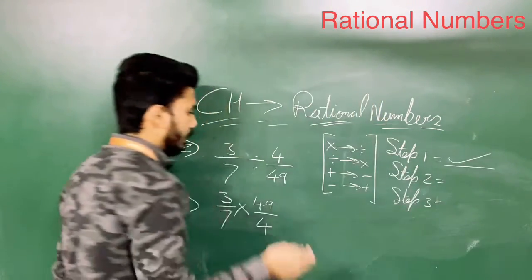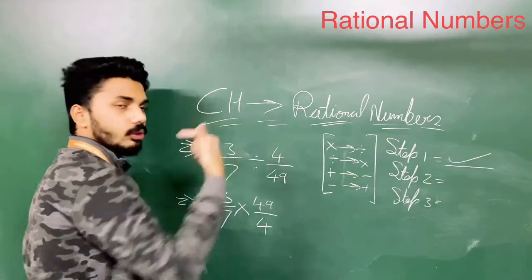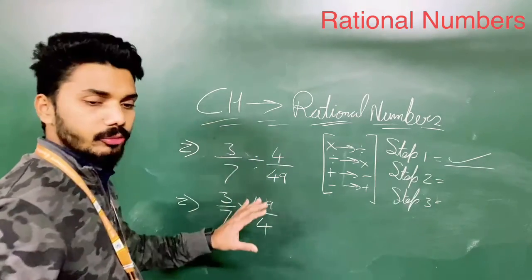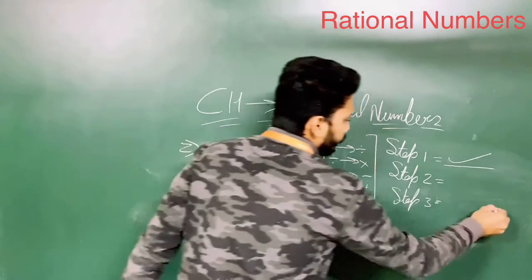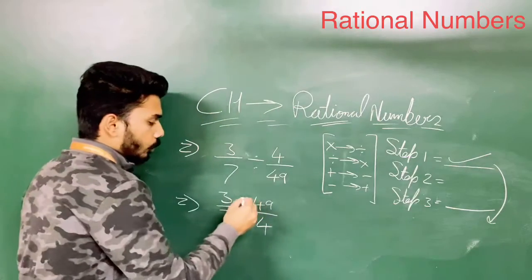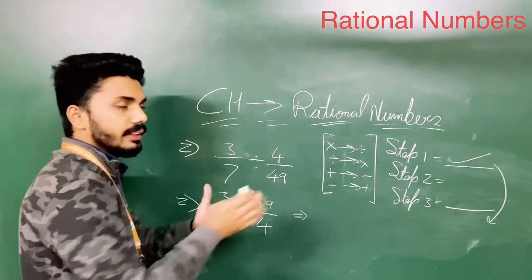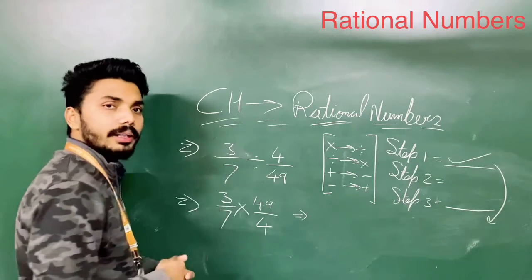In the first step, what did we do? First of all, put the sign of multiply in the place of divide and reverse the number: 49/4. Now you can do one thing, you can skip step 2. If you don't want to multiply the numbers and then reduce the value, you can directly cut as well. How?